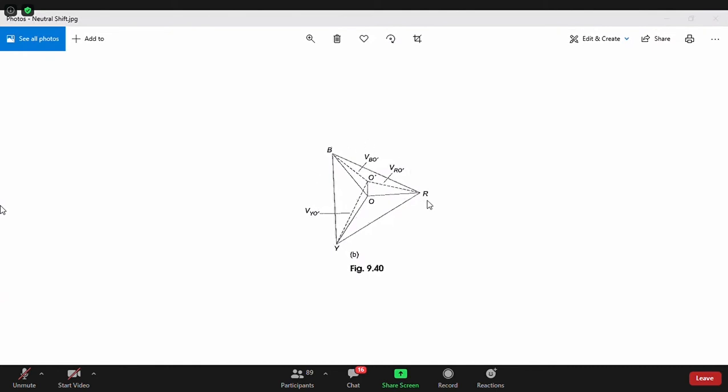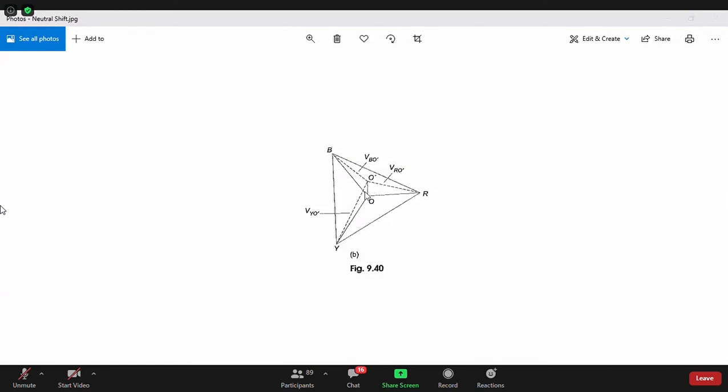What has happened here is the neutral has shifted from the centroid of the triangle to somewhere within the triangle. And this is called, in technical terms, a very important aspect of electrical engineering. It is called neutral shift, because the neutral has shifted from O to O prime.